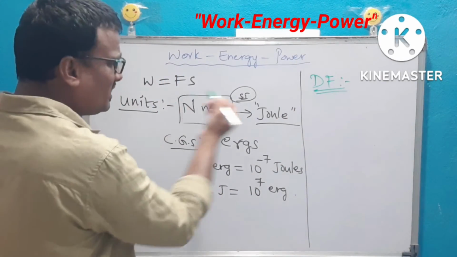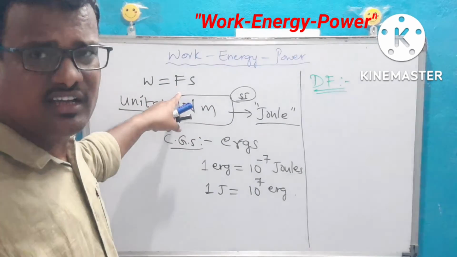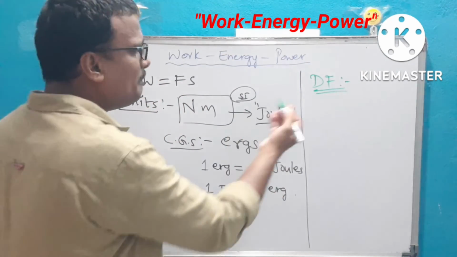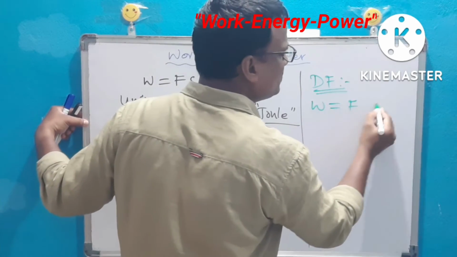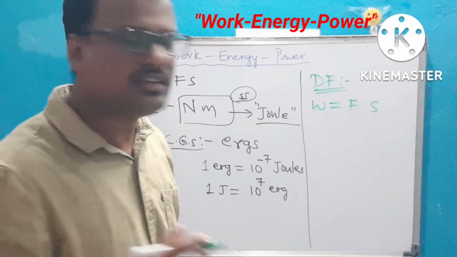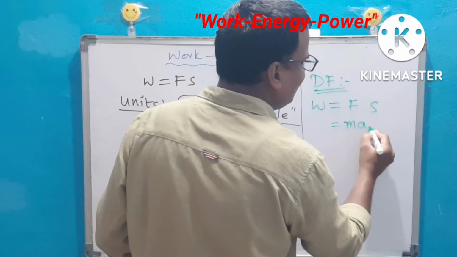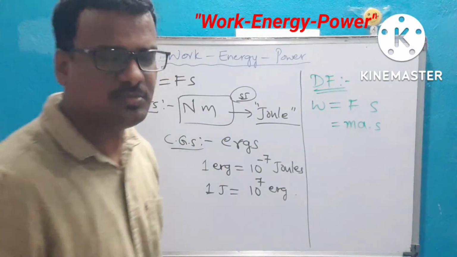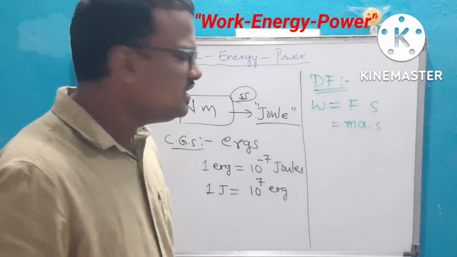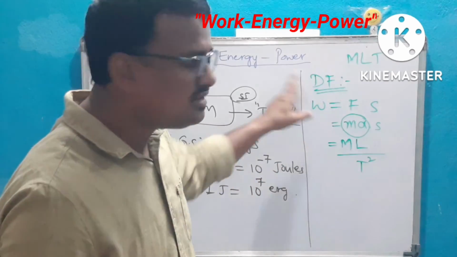Work done is equal to force into displacement. But force is equal to ma according to Newton's second law. So we can write ma here, and S is displacement. Here m is mass and a is acceleration.